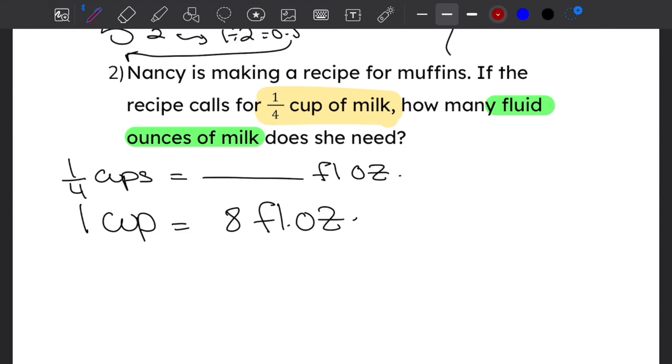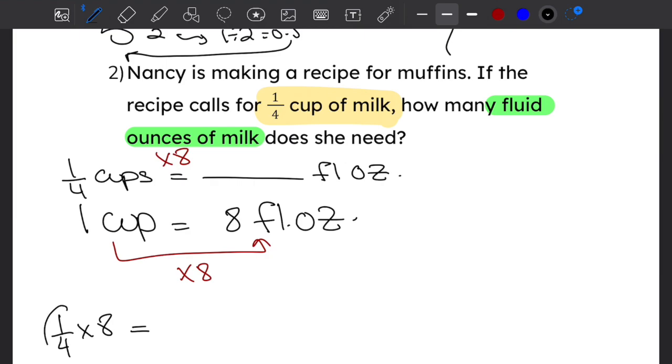To go from cups to fluid ounces, we multiply by 8. So here we multiply by 8 as well. So what we're doing essentially is taking 1/4 and multiplying by 8. If you were to input this in your calculator and you want to use decimals, 1/4 is the same thing as 0.25, times 8, and that is equal to 2.